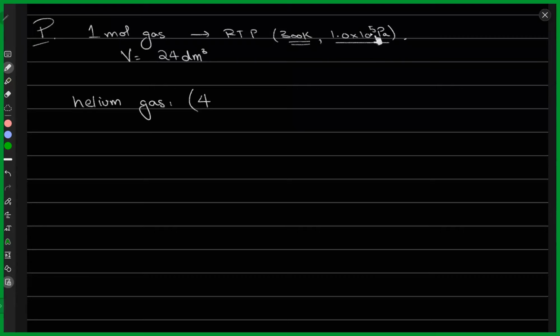So these are just room temperature and pressures. You have a mole of gas, and this mole of gas at room temperature and pressure occupies a volume of 24 decimeters cubed. The task was to compute the root mean square velocity.